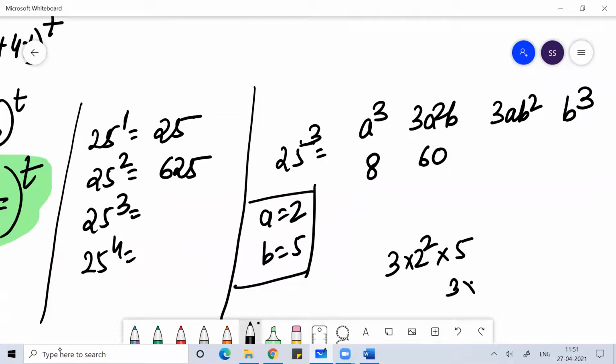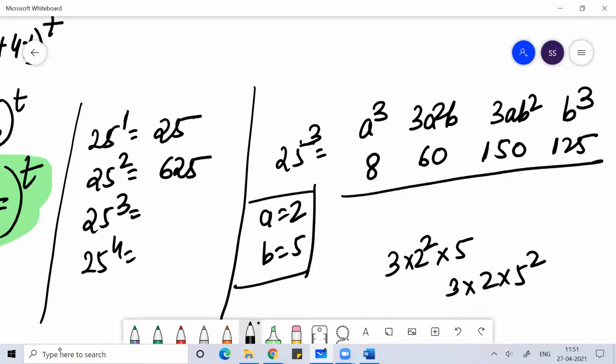What is 3 into 2 into 5 square? That is 150. Then what is 5 cube? 125. So I told you how to find the cube of any number. If you really forget all this concept, let me know. I'll give you a lot of videos on Vedic math so that you remember how to find the cube of a number.